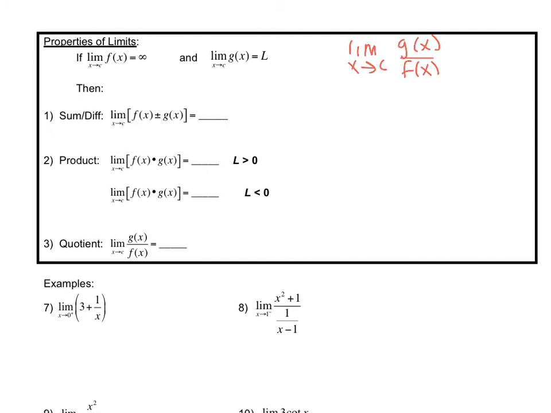If I know that the limit of g of x is some specific value, L, divided by infinity, because I know the limit of f of x is infinity, then think about what that would mean. I'm taking a real number L and dividing it by a number that's approaching infinity. If you take any number and divide it by something that's getting larger and larger, that whole thing is going to approach 0.